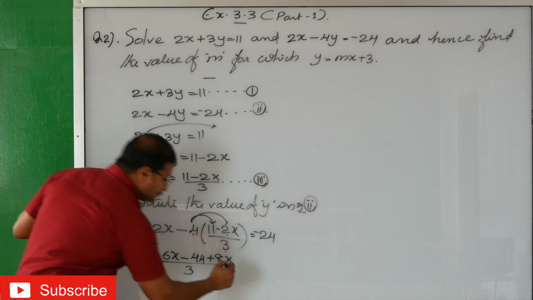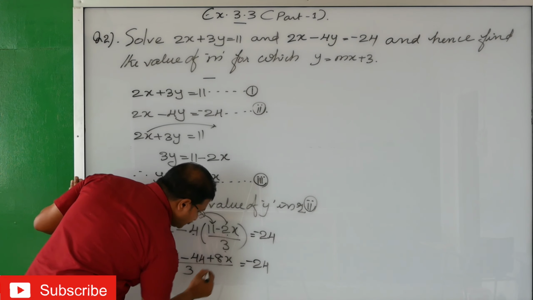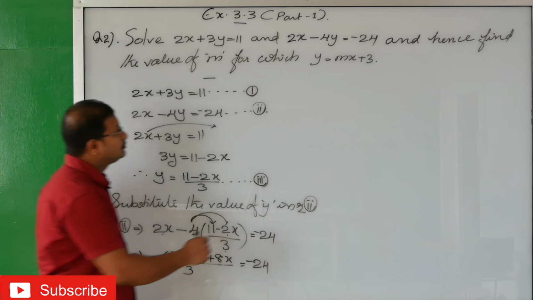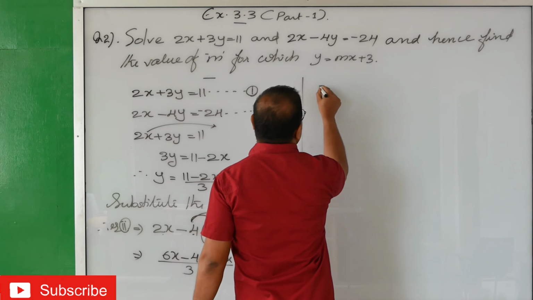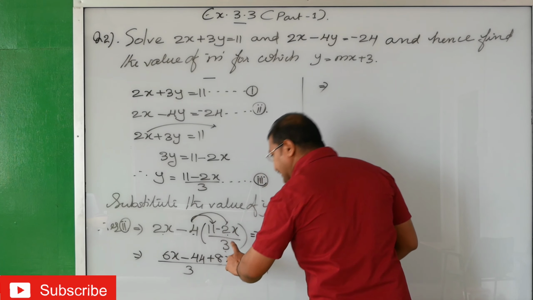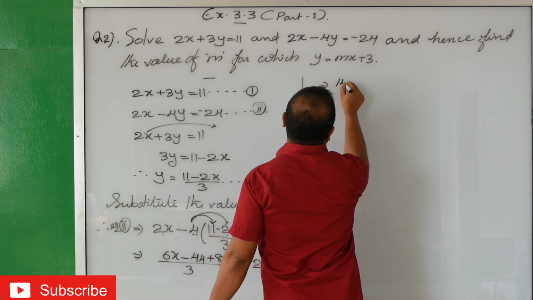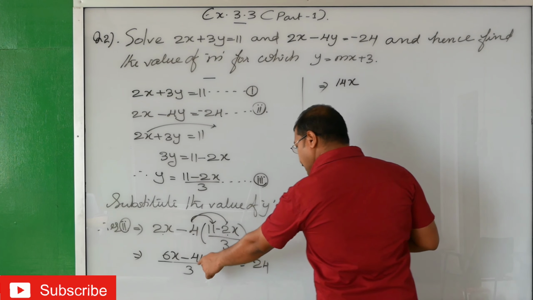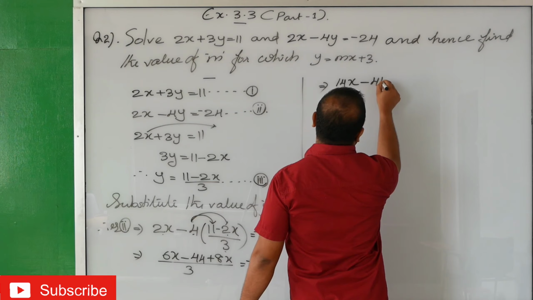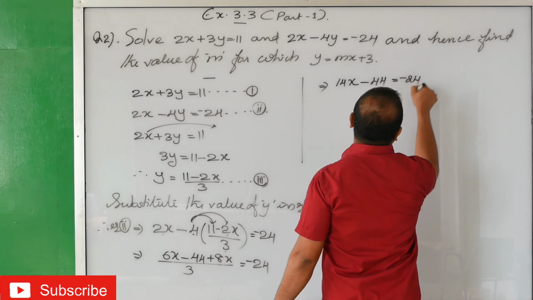Equals minus 24. This implies, now 6x plus 8x, 6 plus 8, 14x minus 44 equals minus 24 is already here.